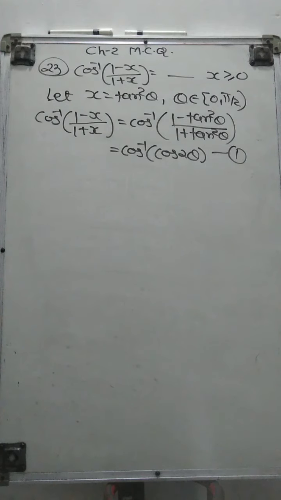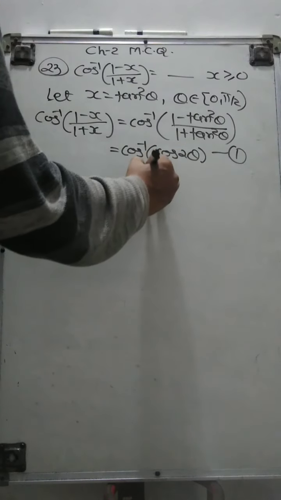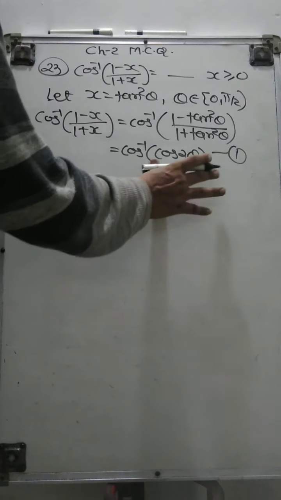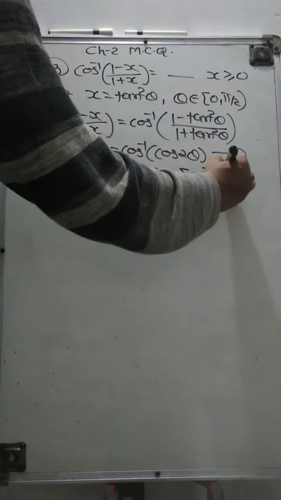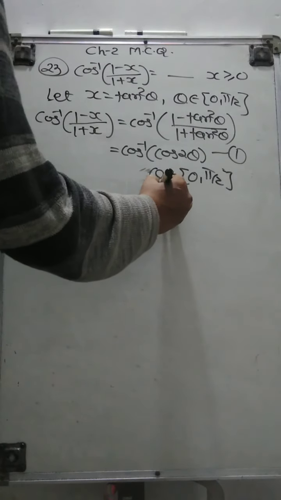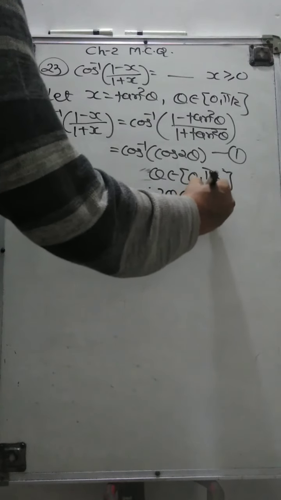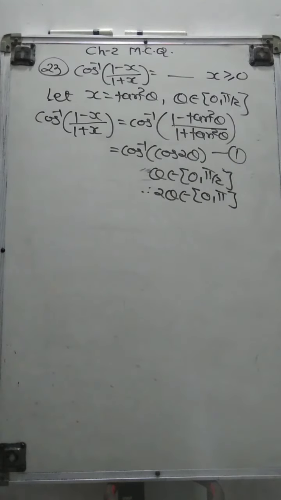Now theta belongs to 0 to pi by 2, here we take a closed interval, therefore 2 theta belongs to 0 to pi, which is the interval of cos.